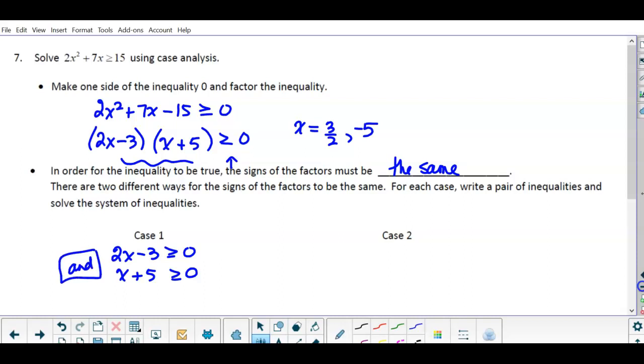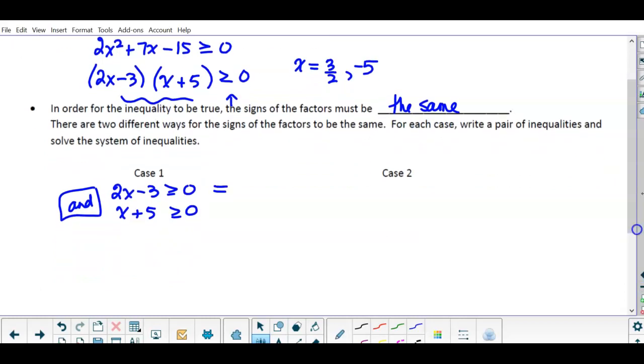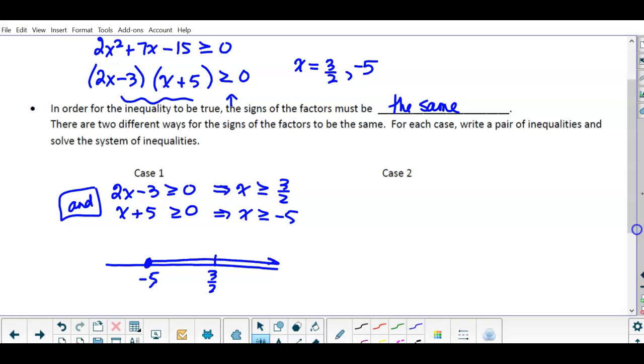Okay, so you can do that. So here, this will be x greater than or equal to 3/2. This will be x greater than or equal to -5. Okay, so there.